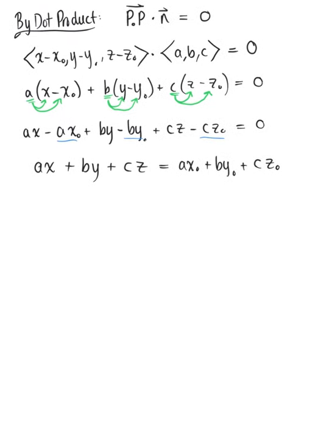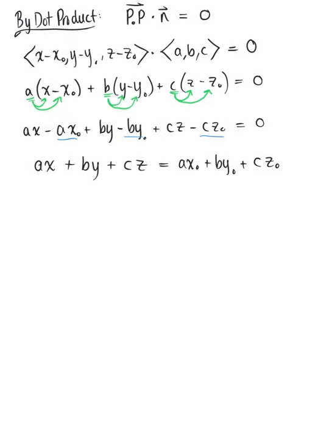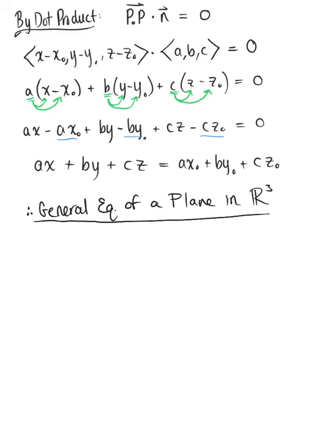Now we typically rewrite this and say that therefore the general equation of a plane in R3 is defined as ax plus by plus cz is equal to d.